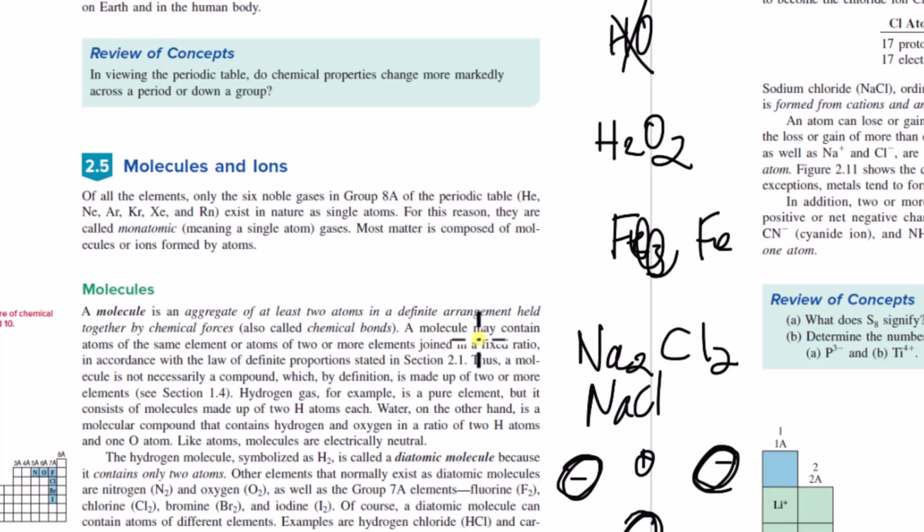Okay, a molecule may contain atoms of the same element or atoms of two or more elements joined in a fixed ratio in accordance with the law of definite proportions. So it can be the same element or different elements. You have H2O or you have O2, H2, right?